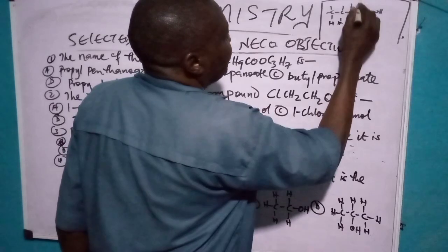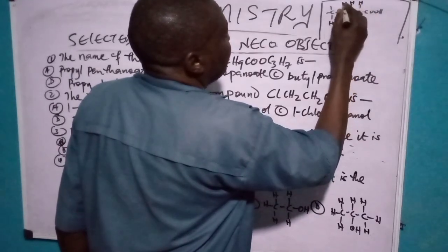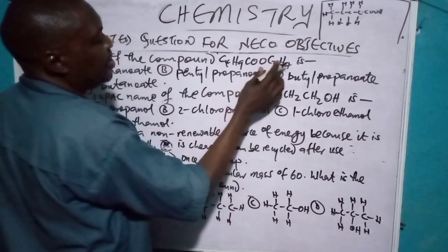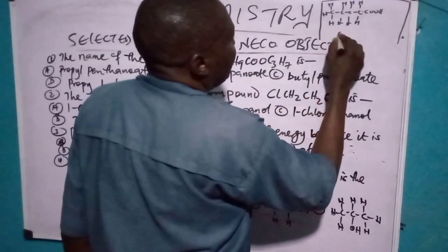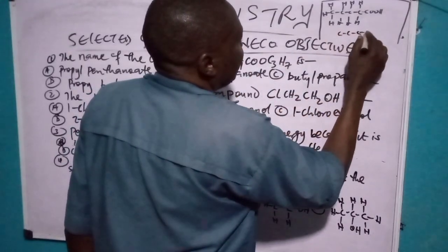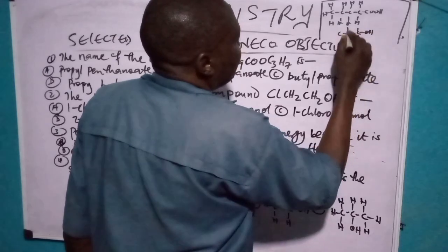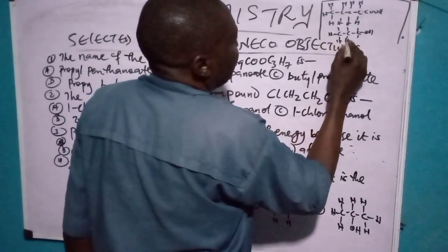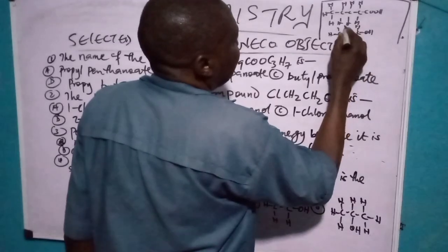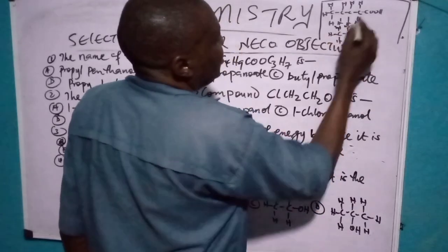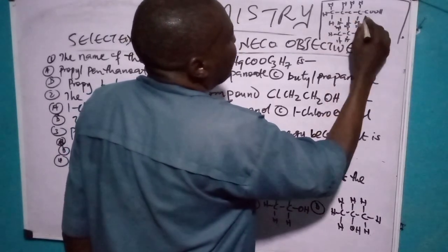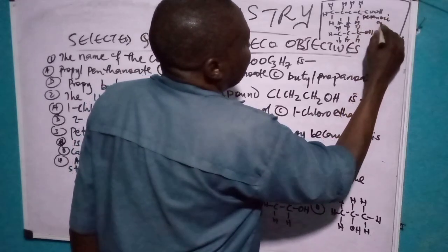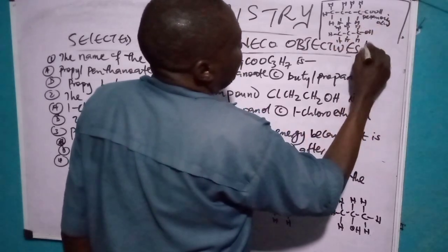This is obtained from this parent organic compound. Then for this C3H7, you have 1, 2, 3, then OH. That's C3H7. All these ones are hydrogen atoms. So the name of this compound is pentanoic acid, while this one is propanol.